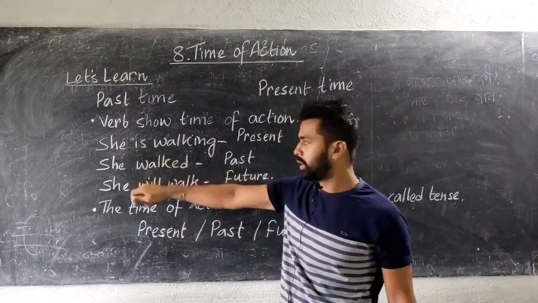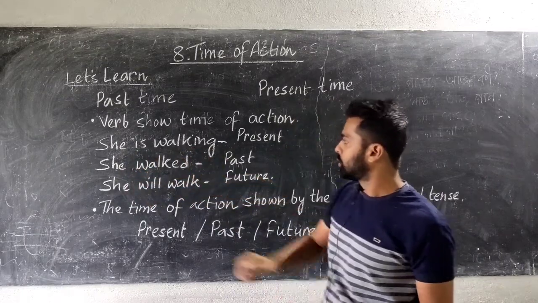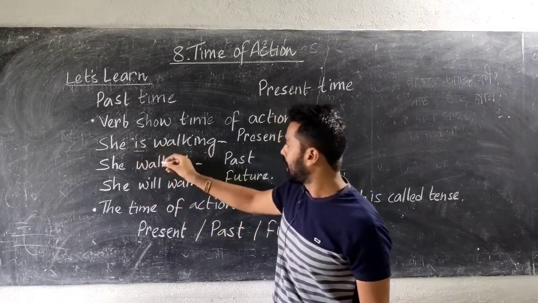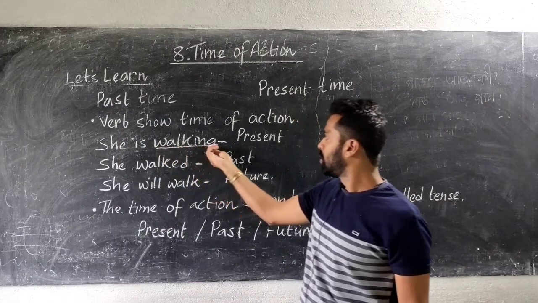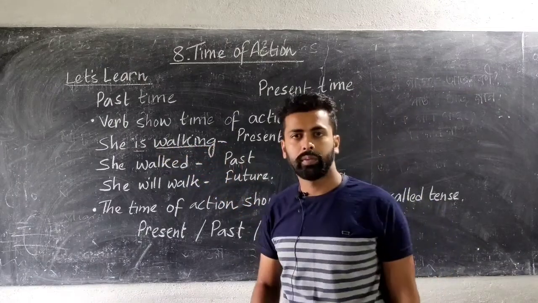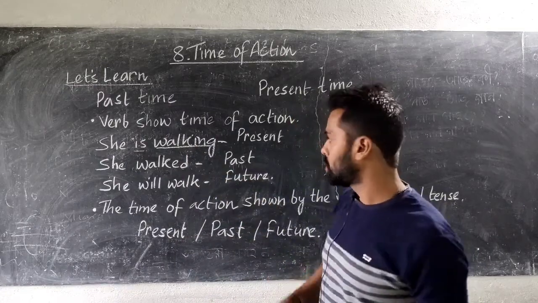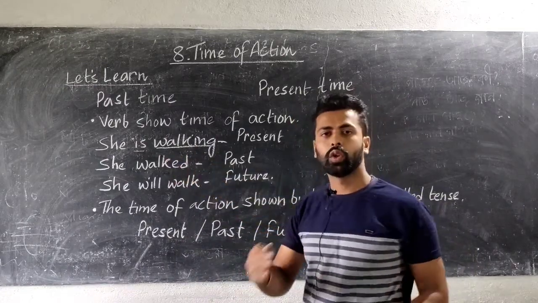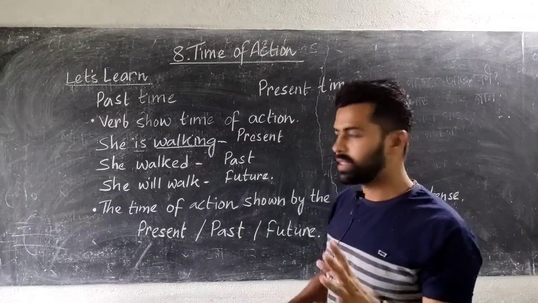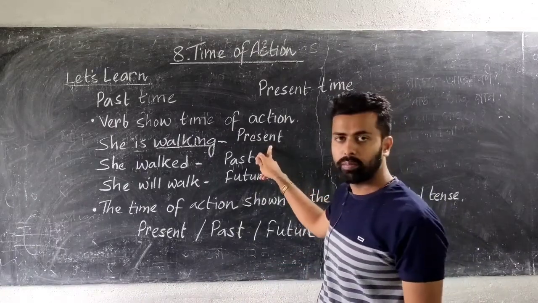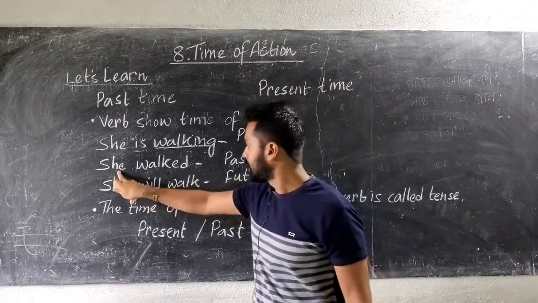For example, you see here, she is walking. Walk is a verb here, and we have added ing. This action is going on, which means it is in present time. Next you see, she walked.